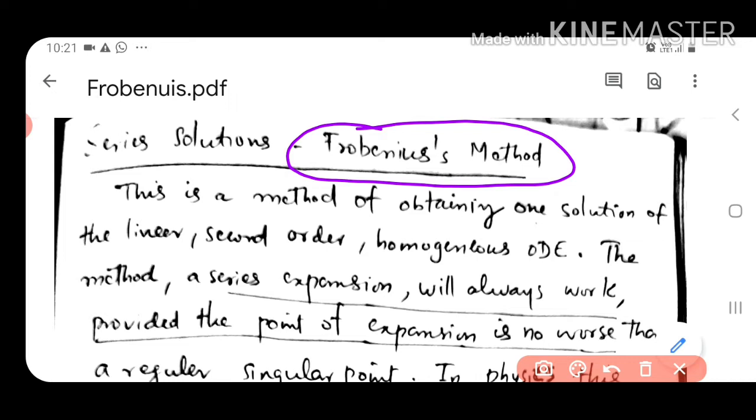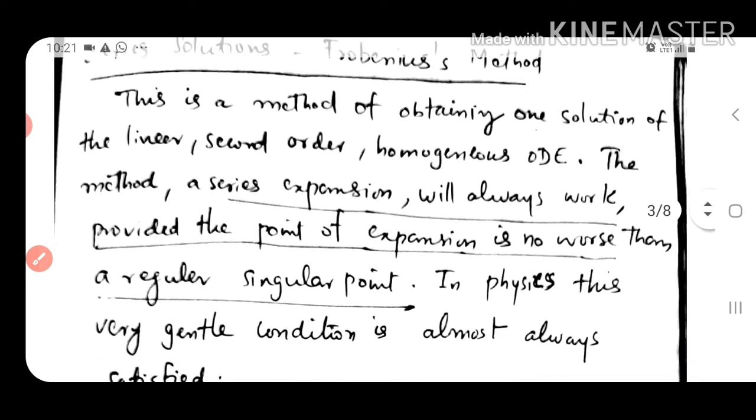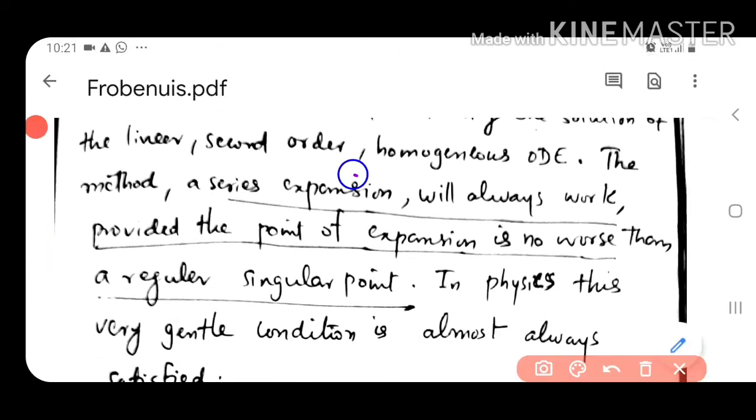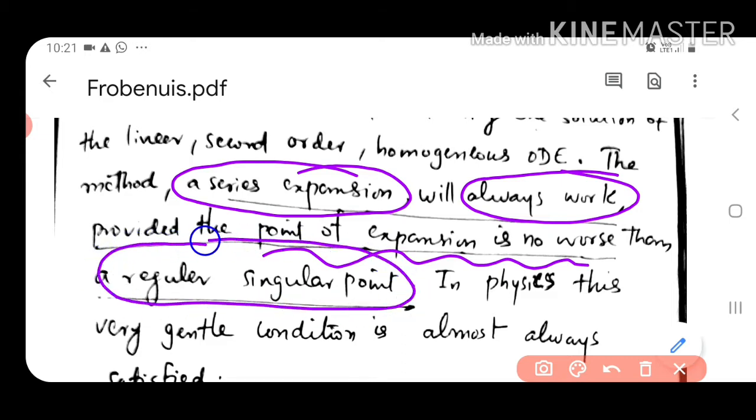The method involves a series expansion, and this series expansion will always work provided that the point of expansion is no worse than a regular singular point.